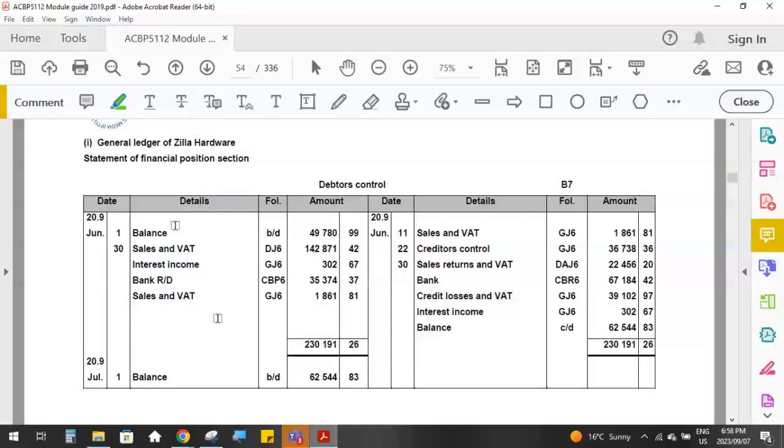So then they gave us the list of the debtors list. So if you look at page 37 in your textbook, it says their list of balances in the debtors ledger of Zilla Hardware. That is an example of a debtors list. Lulu, Crank, Yong, and Hona. So that total is 49,780 Rand.